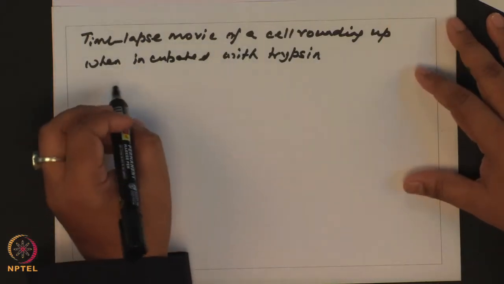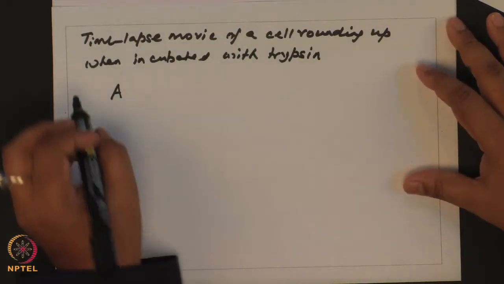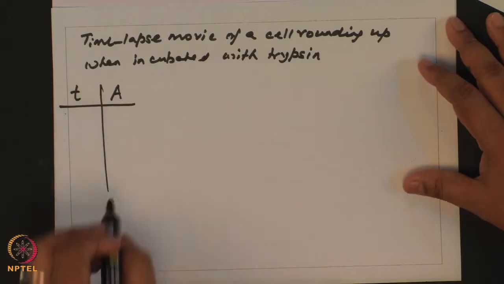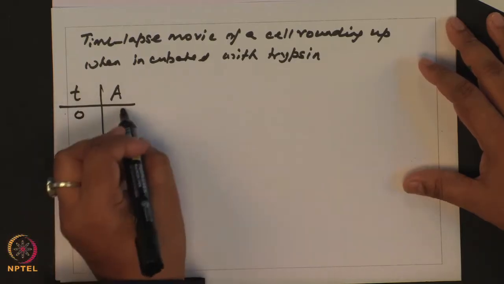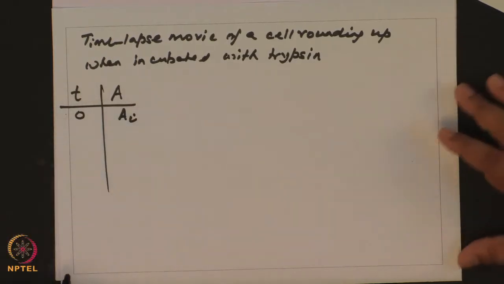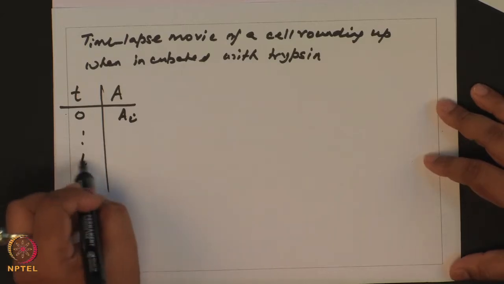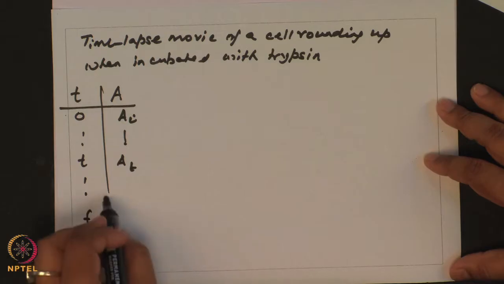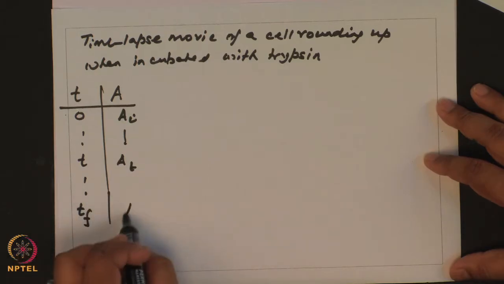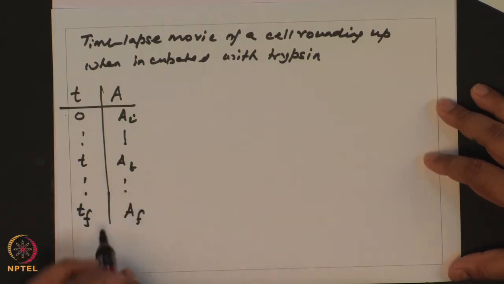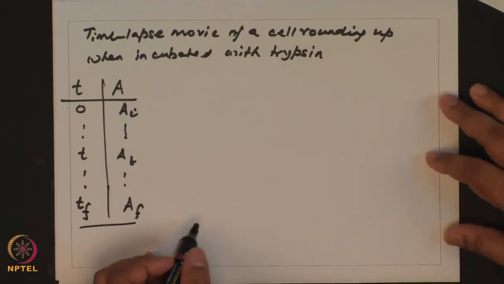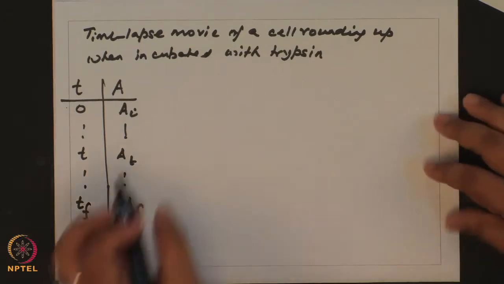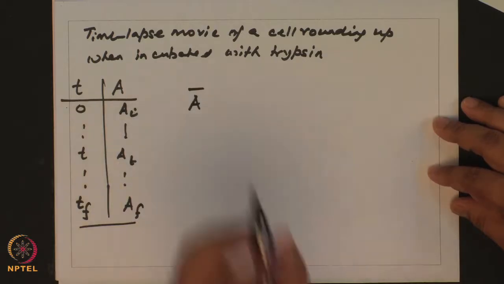What you will have is a plot of time and area A. At t equal to 0, the initial area of the cell is Ai, at some time t it is some A(t), and finally at some time Tf you have a final area of Af.